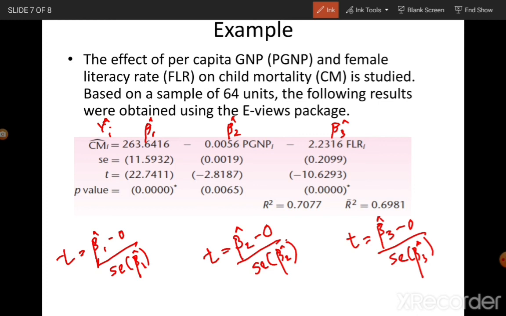When you reject that null hypothesis, that means it is different from 0, so it has some sort of influence on the y variable, which is why we say that the variable associated with this coefficient is significant. It has a strong influence on the y variable.